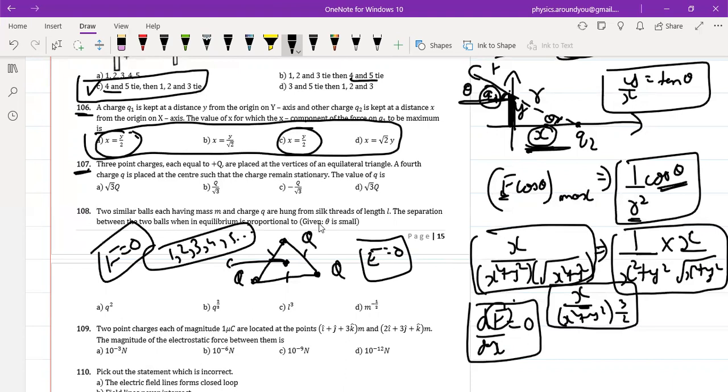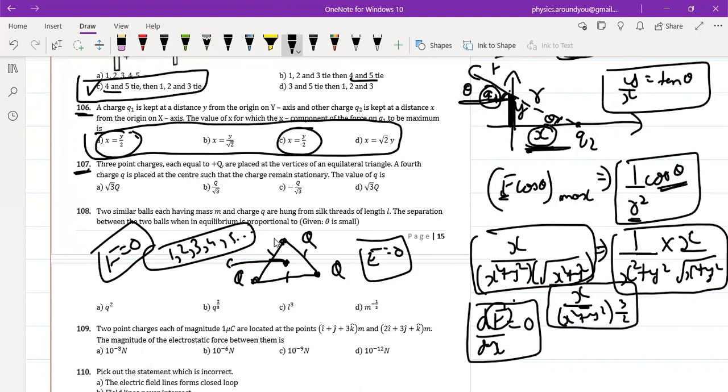Isn't it? The field itself is 0. So there is no unique value of Q which will remain stationary at the centroid because the total field at that point is 0.